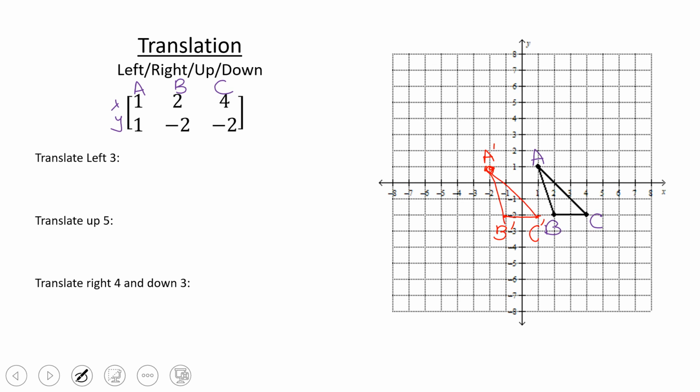But with a matrix, we've got to remember that any kind of translation either uses addition or subtraction. And it's easier to use addition so that we don't have to worry about distributing that negative through everything. So we're just going to look at subtraction as adding negatives.